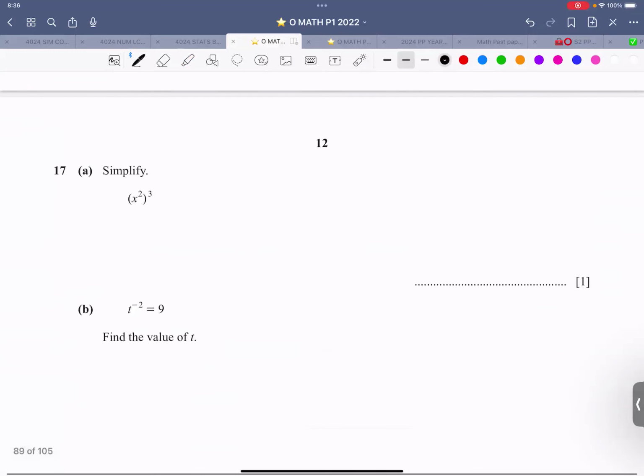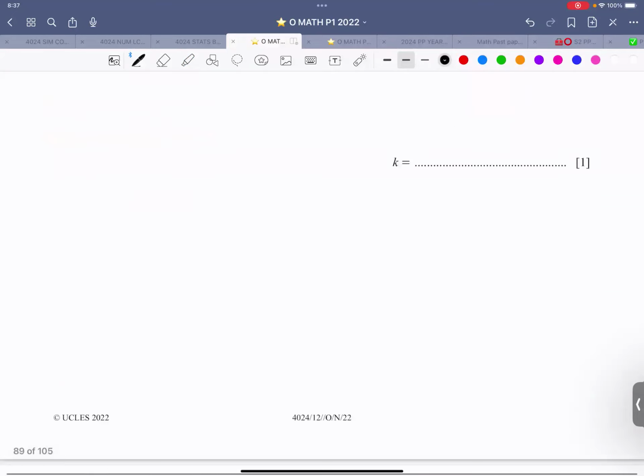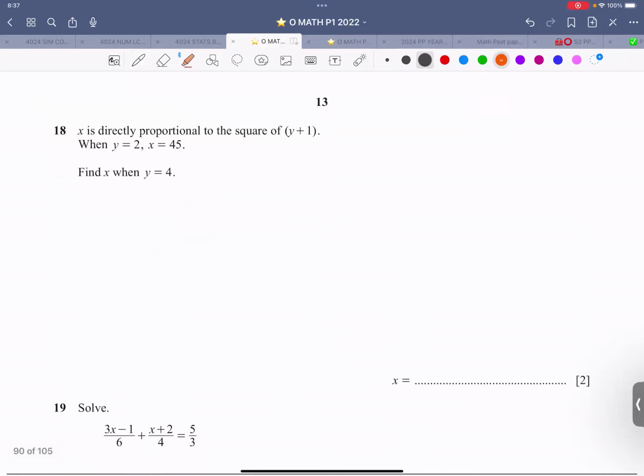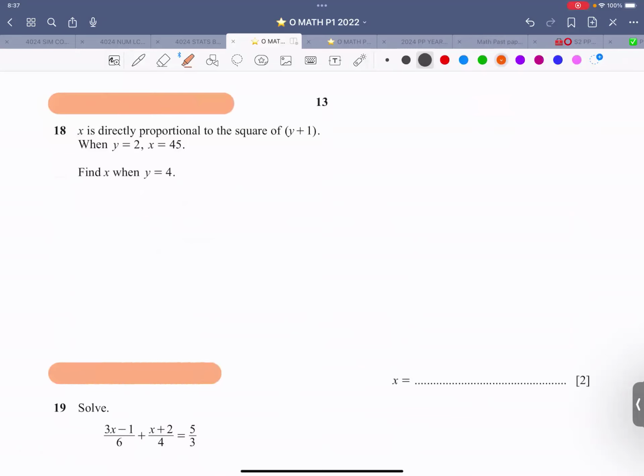Question number 17, this is indices. Question number 18, this is proportionality. So let me write proportionality. And this looks like algebra.